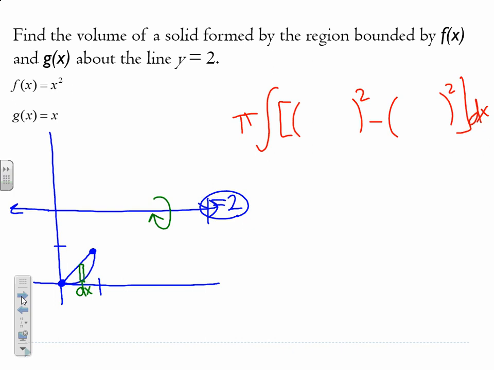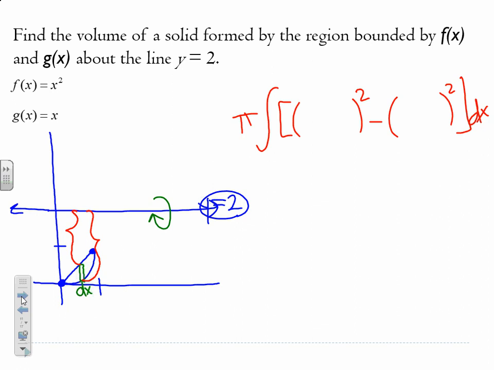Technically, from the axis of rotation to the curve, that would be the hole. From the axis of rotation to the outside of our rectangle, that would be the bigger radius. So instead of concentrating on the rectangle top minus bottom, we need to think about where our rectangle is in relation to the axis of rotation.